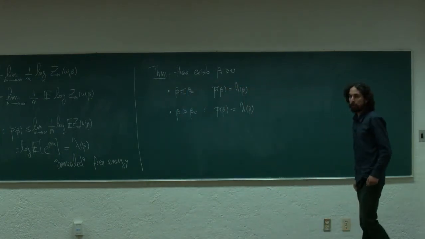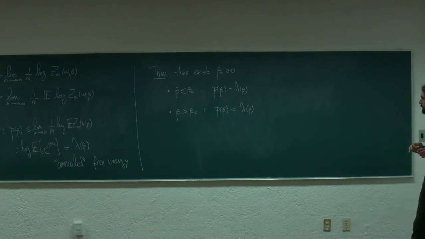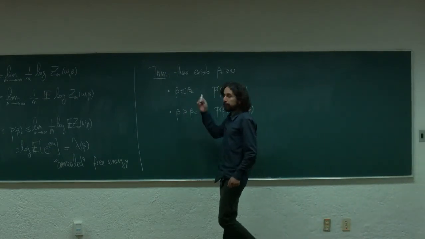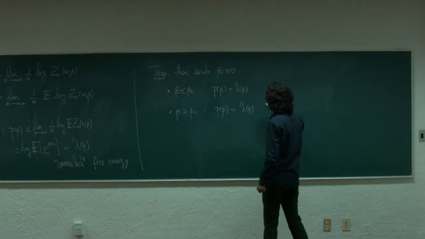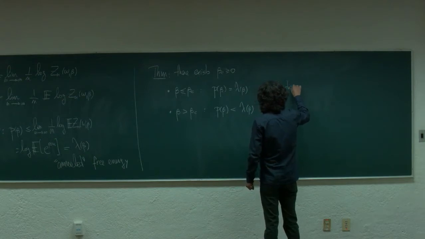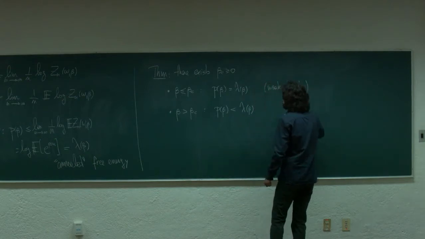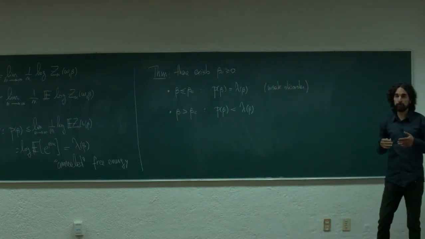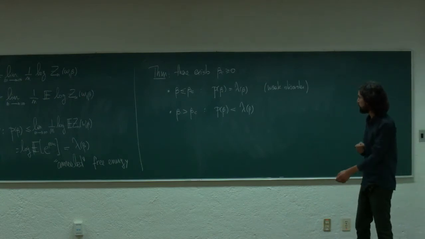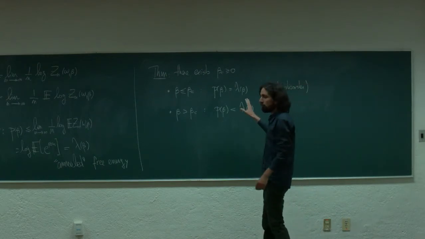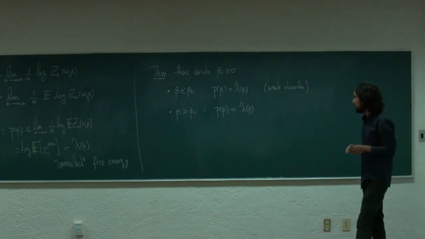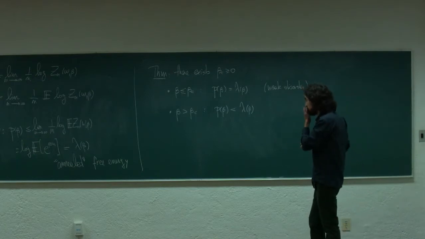Okay, so this is more or less the situation that Kostya told you about yesterday. If beta is small enough, you have a situation that he called weak disorder, which coincides with the region where the polymer under the polymer measure is diffusive. I will not talk too much about the path properties. I will concentrate more on the free energy, but there is a parallel between these two phase transitions.